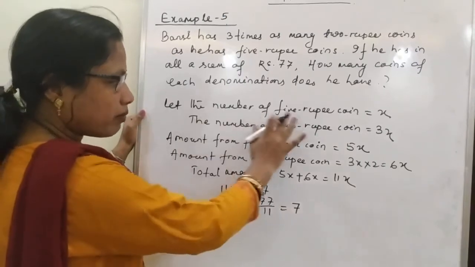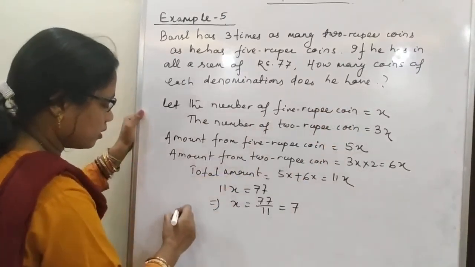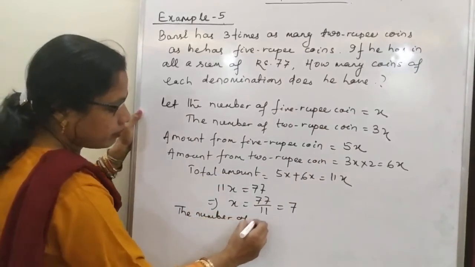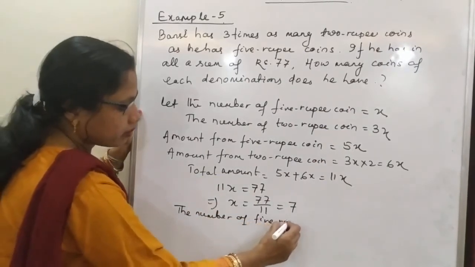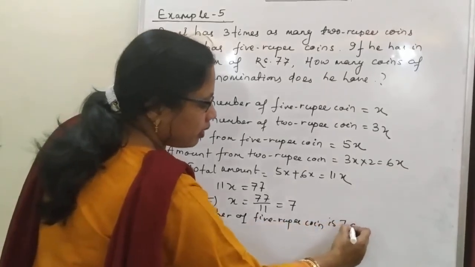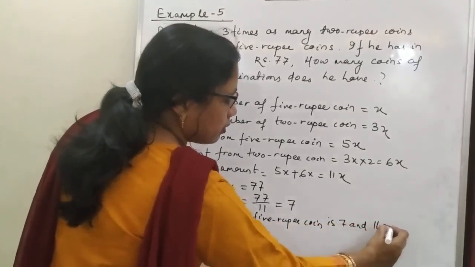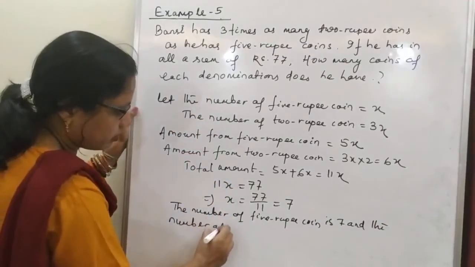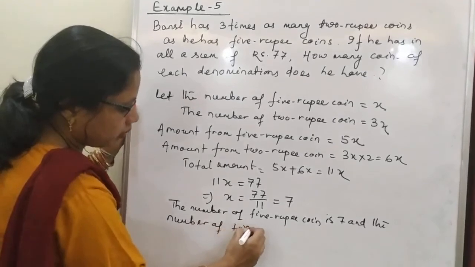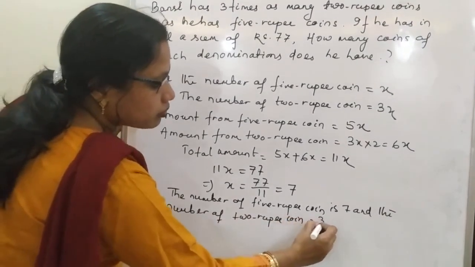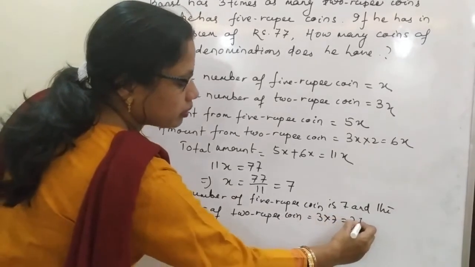That means the number of 5 rupee coins is 7, and the number of 2 rupee coins is equal to 3 multiplied with 7, which is equal to 21.